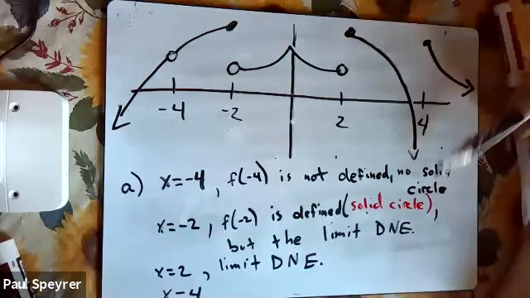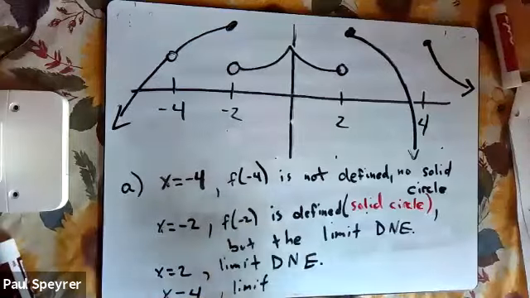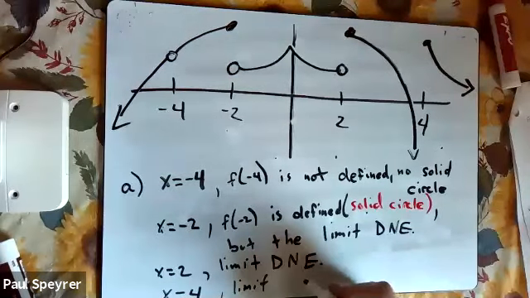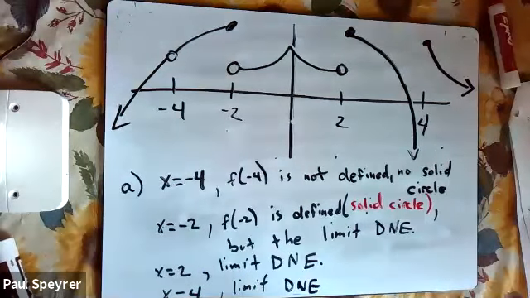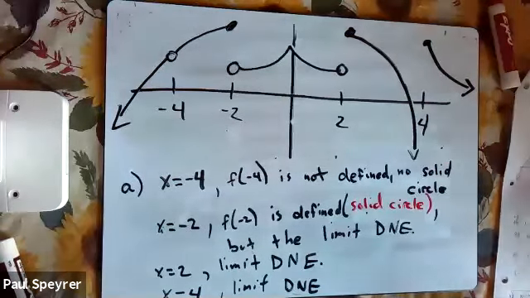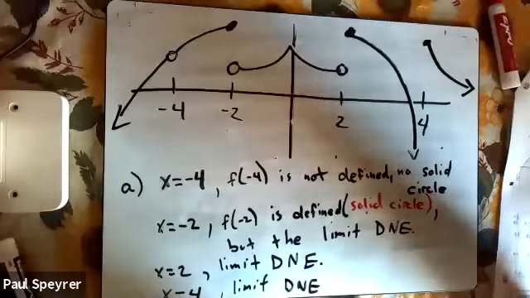It's going to some positive y value. Do we care what that y value is? No, because what matters is that the y values are not the same. So the limit does not exist. That's why at 4 it is discontinuous.